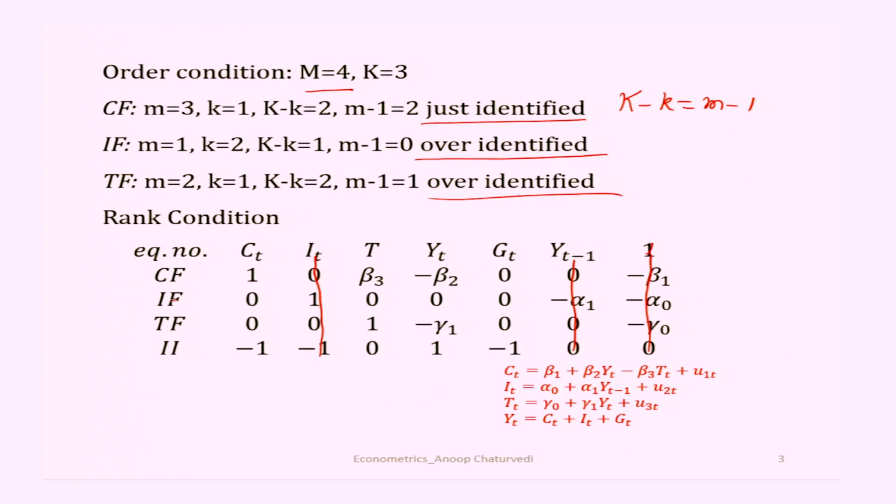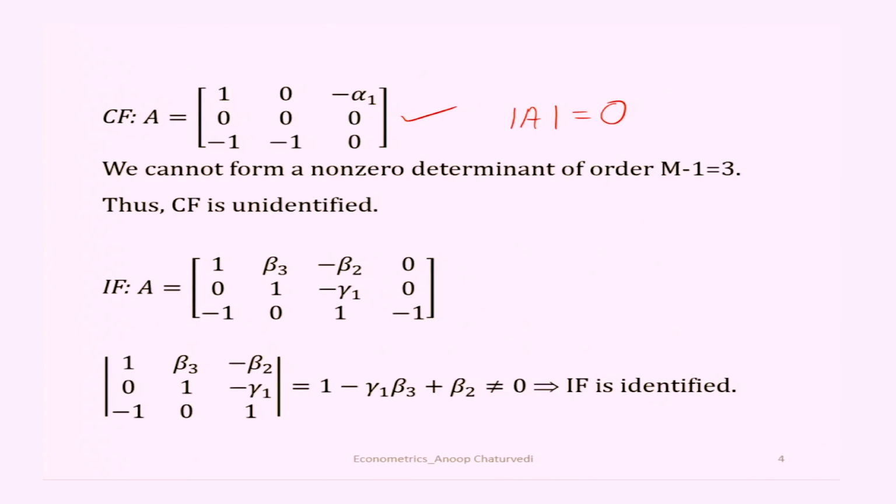And then you delete this row. And finally, you obtain the matrix A of this form.